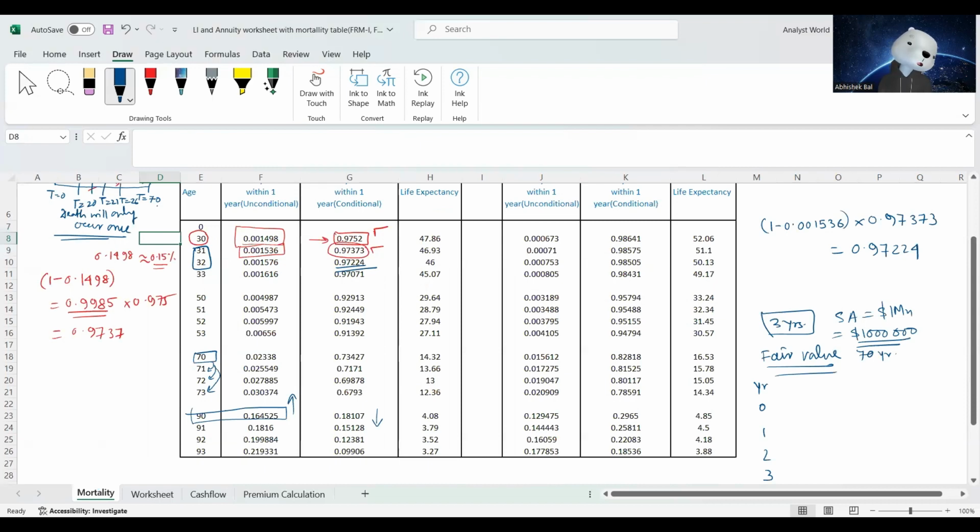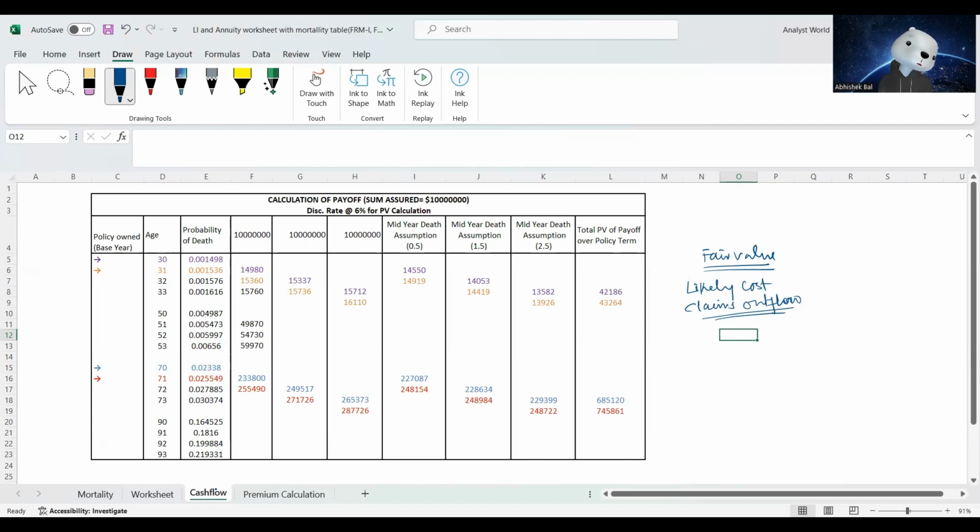So why exactly are we interested in finding out the likely claims outflow? Well, because should death occur, that means if there is an eventuality, no doubt the insurance company will have to shell out 1 million to the beneficiary of that policyholder.